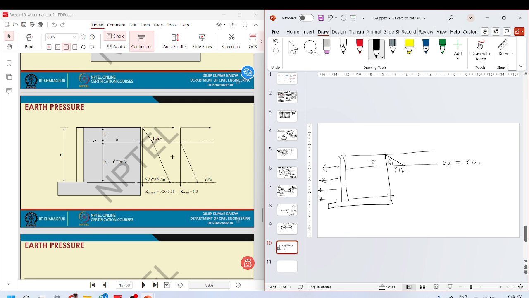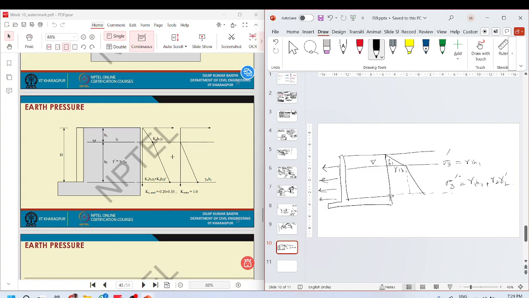And then here the effective stress will be gamma 1 H1 plus gamma 2, gamma submerged, H2.